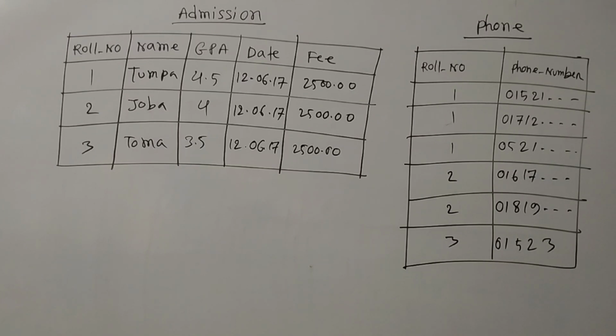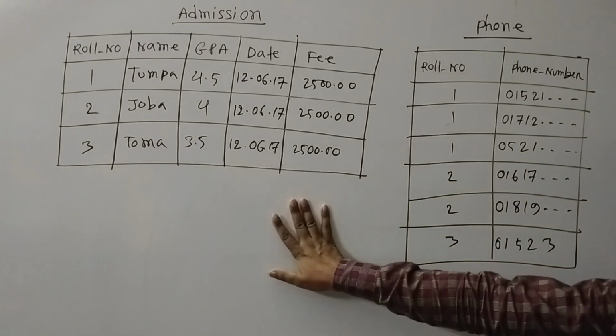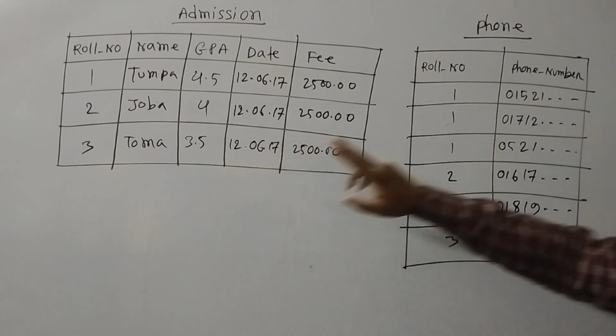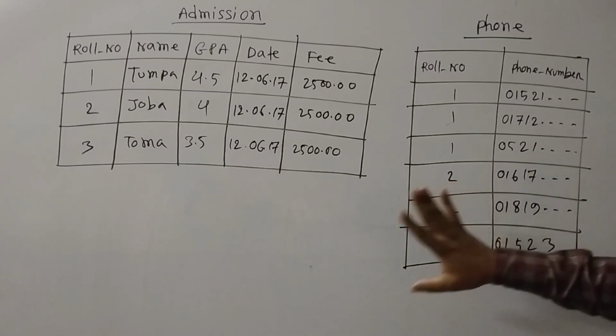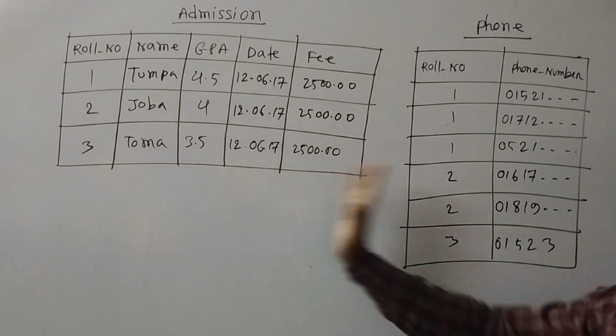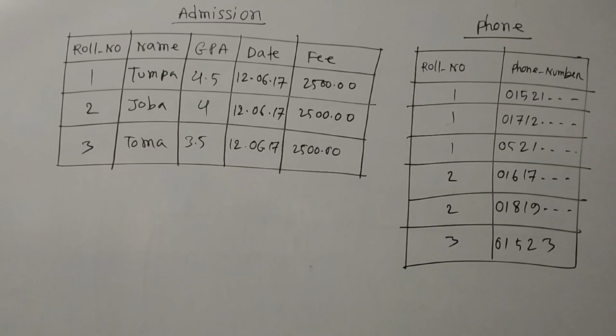Now dear students, look at the table again. This is admission table and this is phone table. To answer question number 4, you have to draw the table at first and then you have to explain.